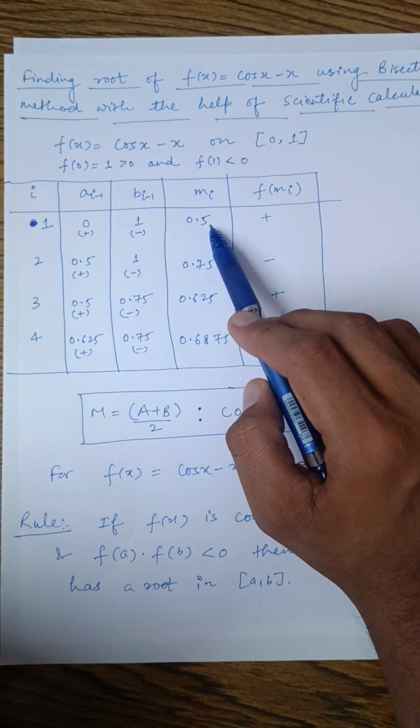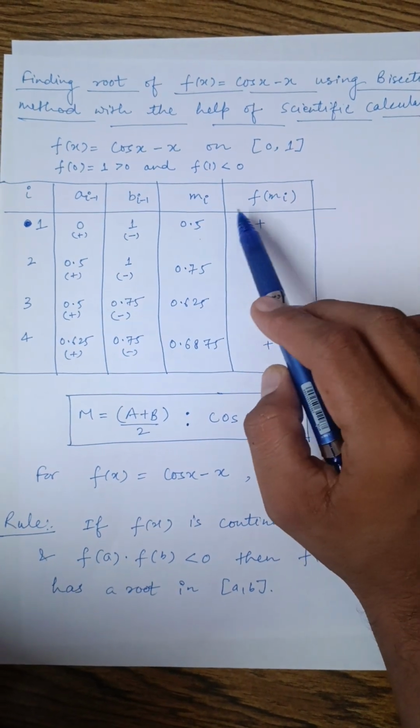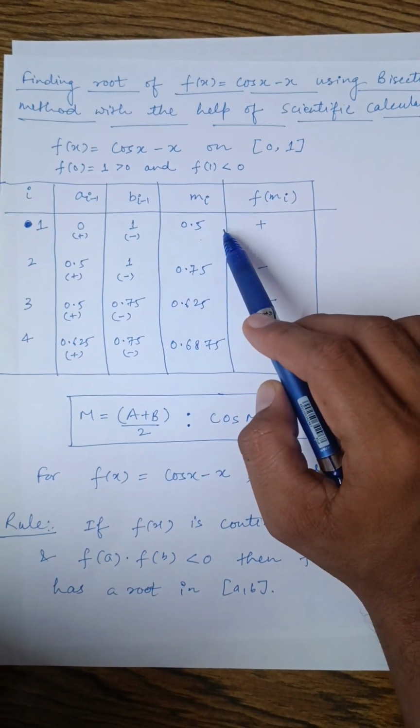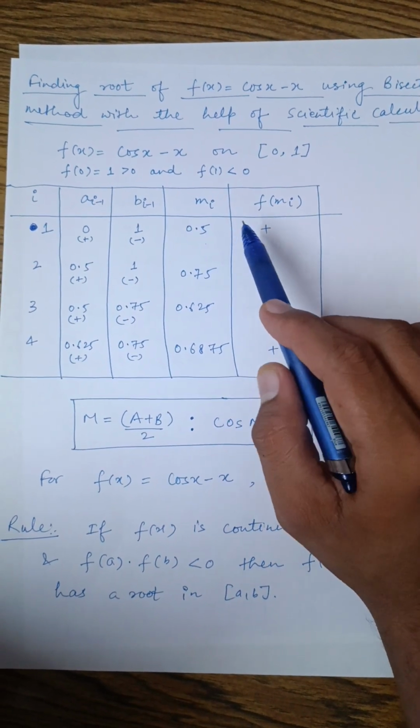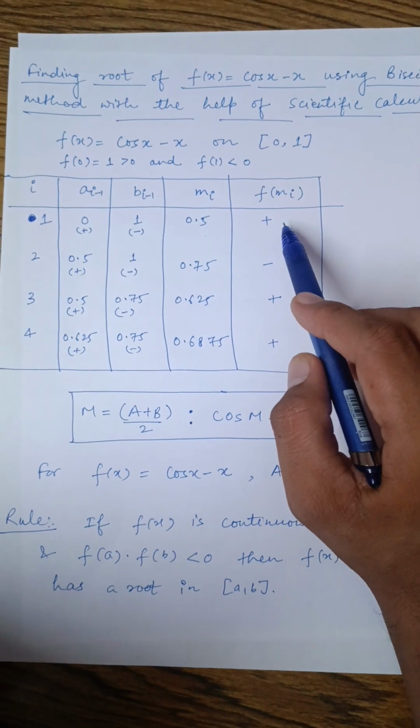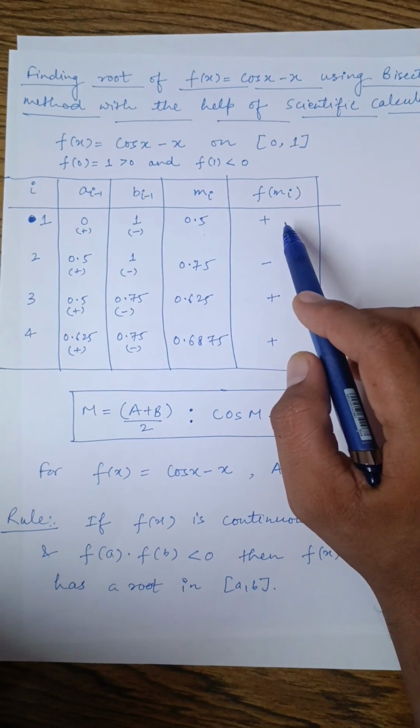And then we will check the value of the function at this midpoint, f(0.5), which will come out to be positive, and we will check this by using the calculator as well.